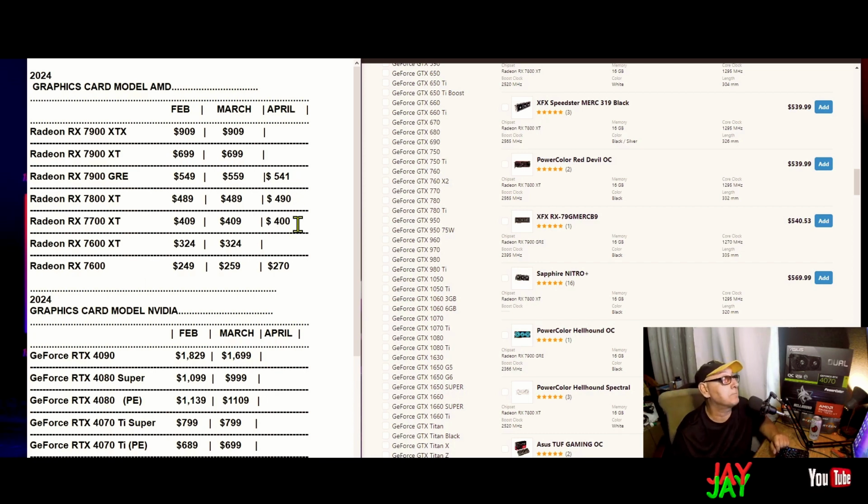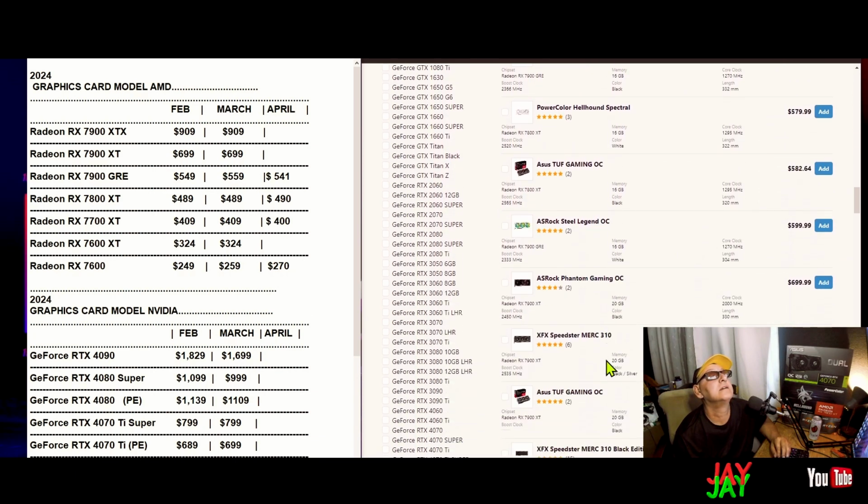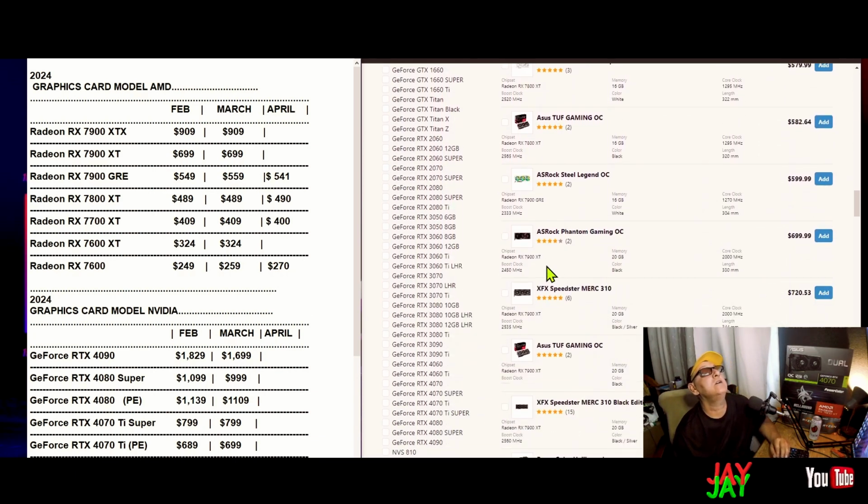So you can see the price comparisons of what I think the best of the best GPUs are. You're going to see the price right here. So let's see, we got the 7900 XT right here.